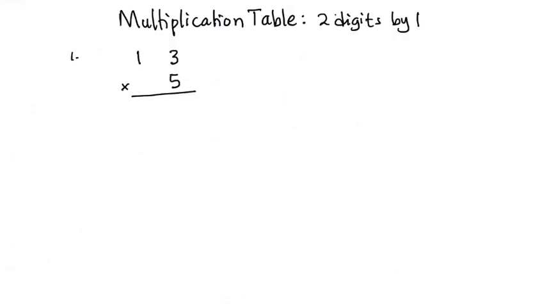Let's build on this concept of multiplication table that we just acquired. We're going to take 2 digits by 1, multiplying tens and units. So when we say tens, we're referring to numbers in 2 ways, 1, 2.